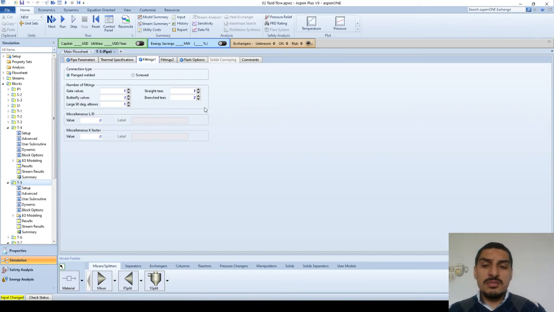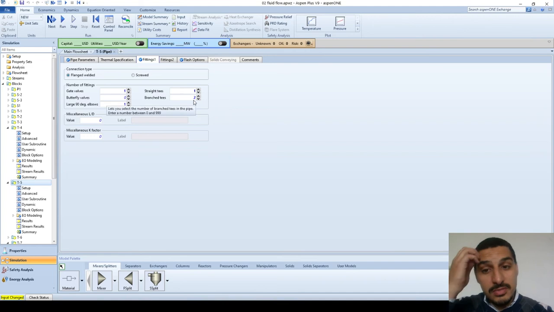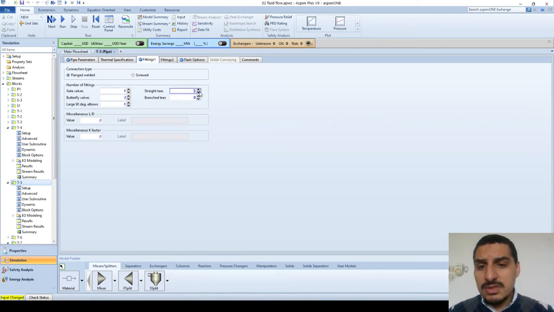At the end of the day, they're going to be converted into K's. So this is 1 K for the gate valve, 1 K for the 90 degrees elbow, 1 for the straight T's, and 2 for the branched T's. It's all going to be added together and put in the minor losses term, as we mentioned in the previous video. So this is how we can define this. This is for the first part.